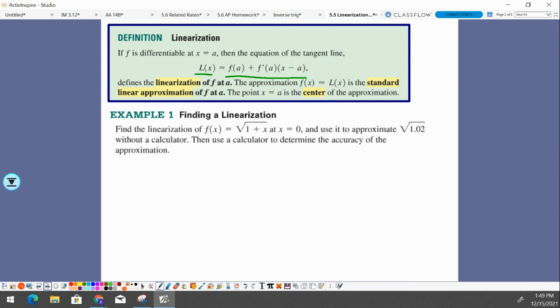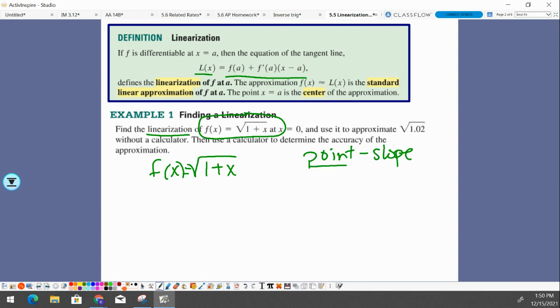All right, so let's look at this equation. F of X equals the square root of 1 plus X. Anytime you see linearization, line, write an equation of a line, you know you need point and slope. How do I find the point of anything?